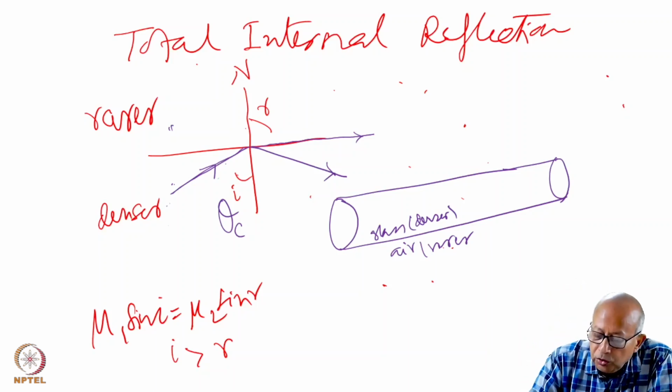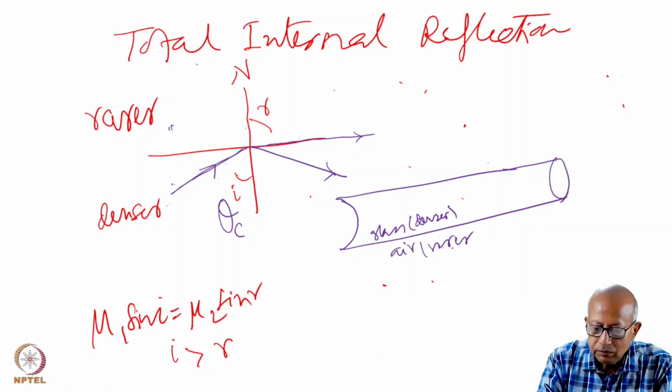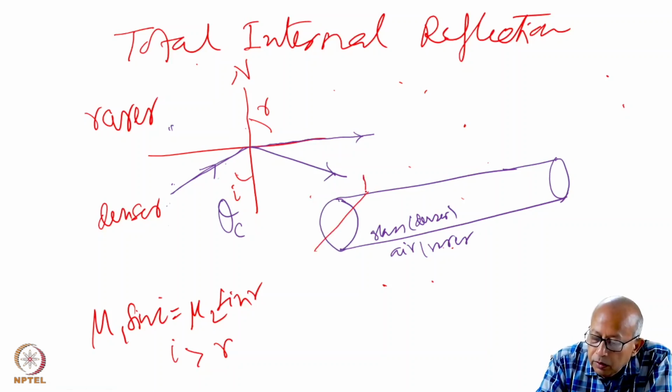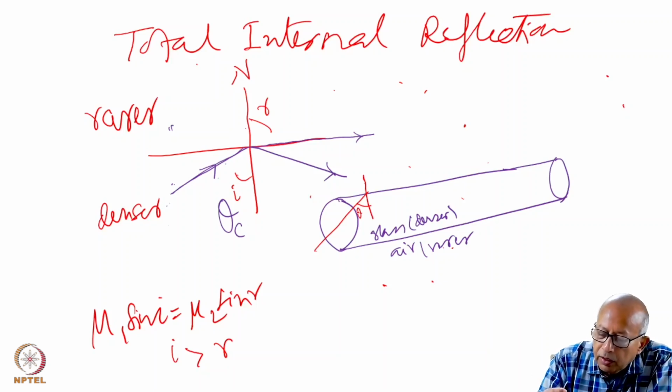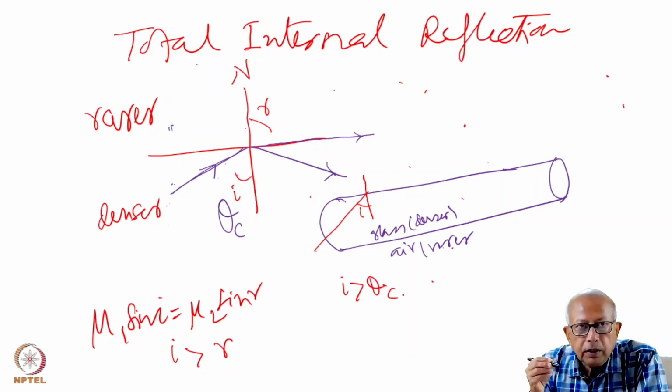Now you launch your beam in such a way that this angle of incidence, theta I, is more than critical angle, which is theta c.